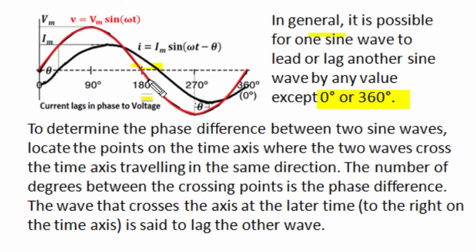The one which comes earlier in time leads the other signal, and the one that comes afterwards lags. So here the red wave leads the black wave, or the black wave lags the red wave.